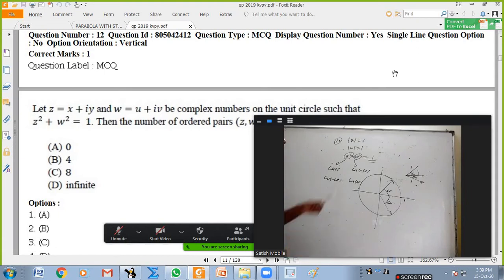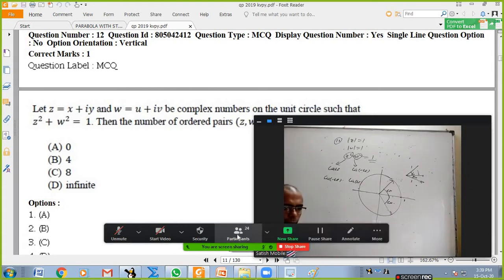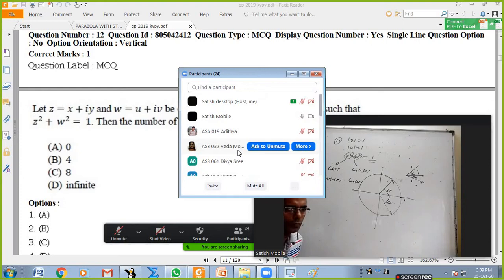When I take z square equal to cis 60, for z, how many options will come? Anybody? Those who know about complex numbers. z square is cis 60. z, how many options will come? Swarup? z square is 60 degrees.